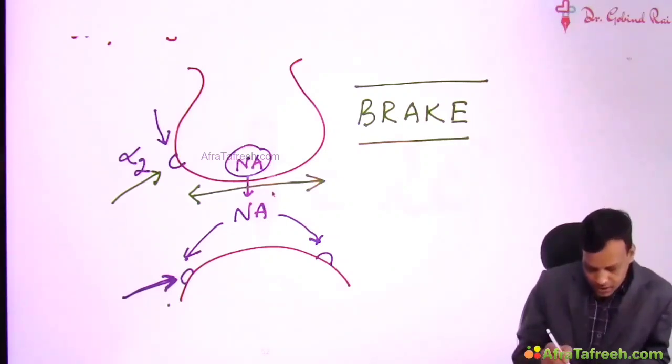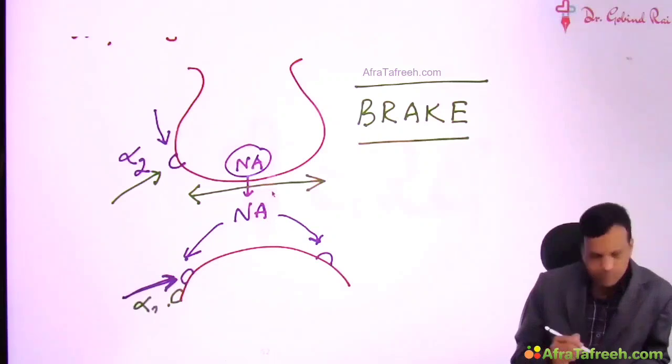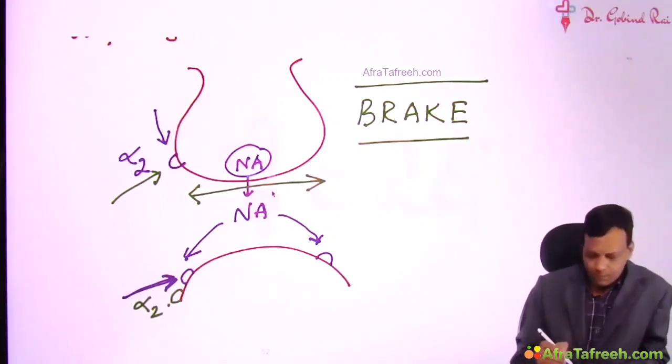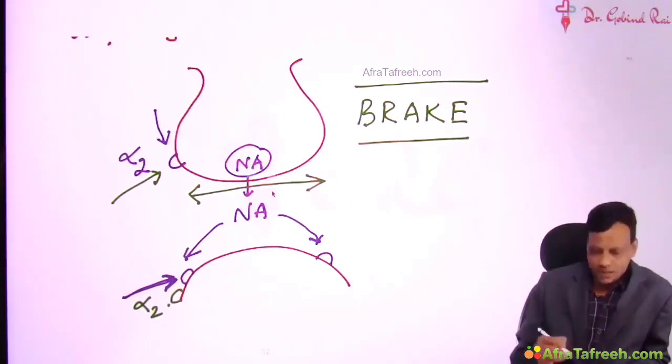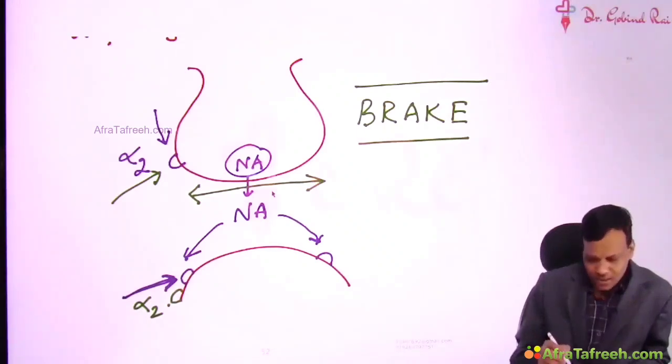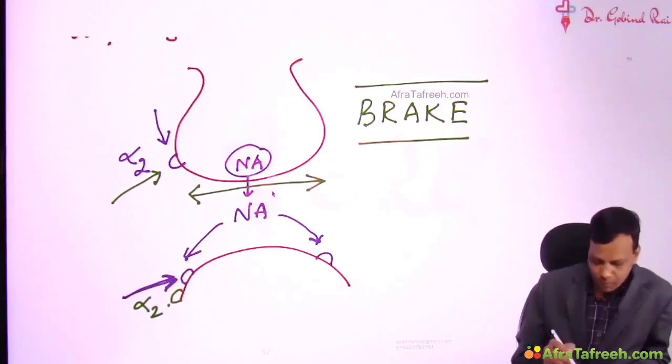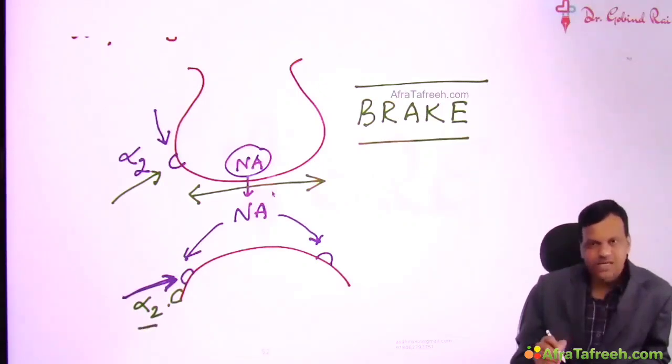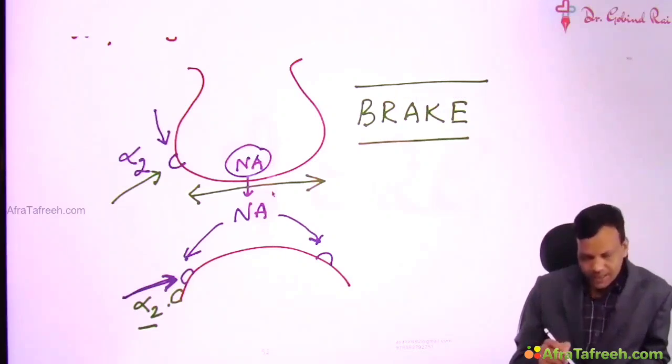Now there are some alpha 2 receptors present here also, postsynaptic. And the postsynaptic alpha 2 receptors are indistinguishable from alpha 1 receptors. Means postsynaptic alpha 2 will work like alpha 1. That means if postsynaptic alpha 2 receptor is present in the blood vessels, they will cause vasoconstriction. If present in the eye, they will cause mydriasis.